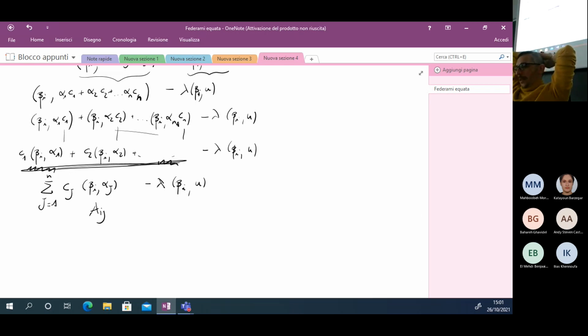These can be seen as the entries of a matrix capital A. These are numbers because these are basically the integral between a and b of beta I of x times alpha j of x in dx. So these are numbers. The only thing is I add the indices I and j to consider all the possible combinations.